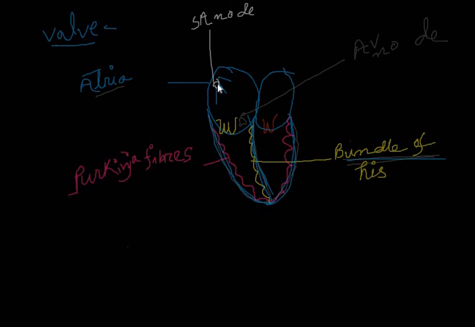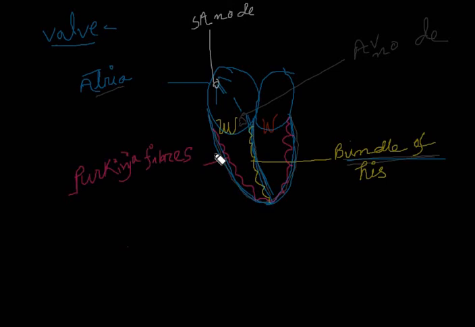Impulse is initiated from the SA node, and after that it reaches the AV node, and from the AV node the impulse reaches the bundle of His, and after the bundle of His the impulse reaches the Purkinje fibers, and with the help of these Purkinje fibers the impulse is spread all over the ventricle.